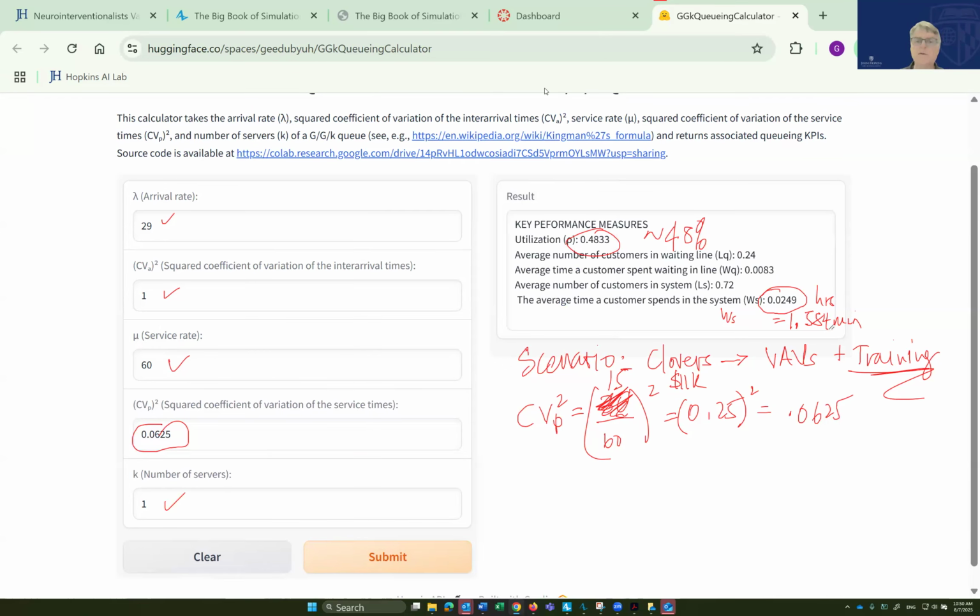All right, so notice again that nothing changed with the utilization. They're all on average working less than half the day, 48.33% of the day. But this now has changed. It's now 0.0249. So what we're expecting to see is a number between 1.482 and 1.584. Those were the numbers for the clovers and the valves with the untrained baristas.